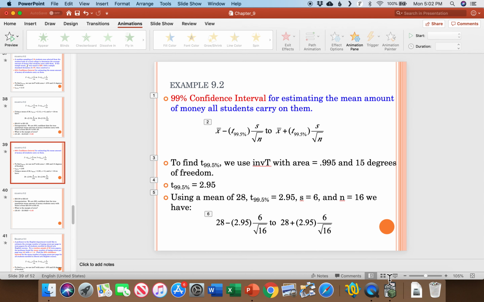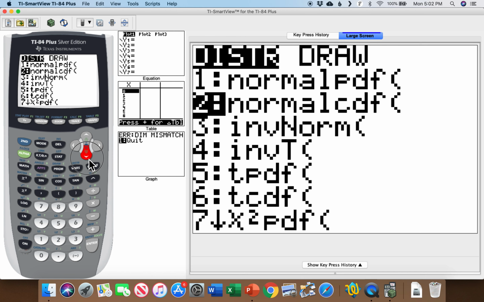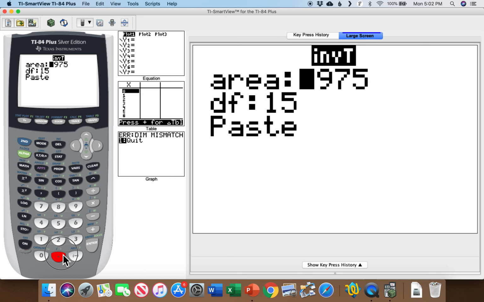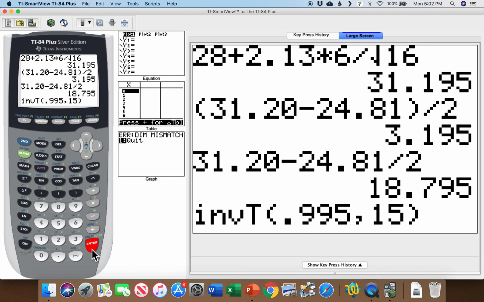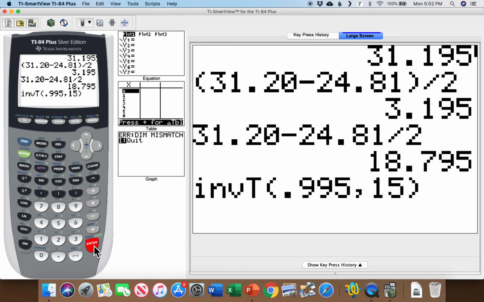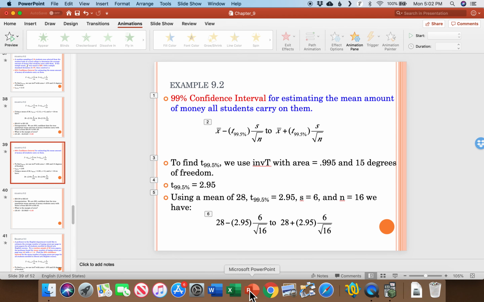So we'll go to our calculator and INVT with 0.995, keep the degrees of freedom at 15. 2.95.